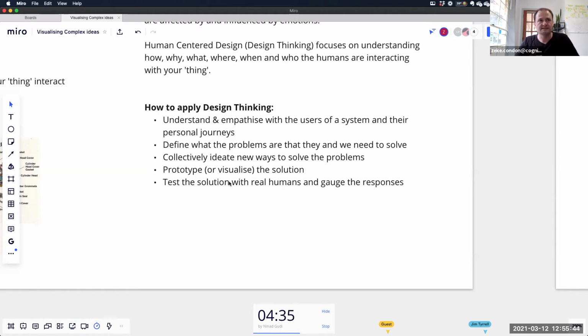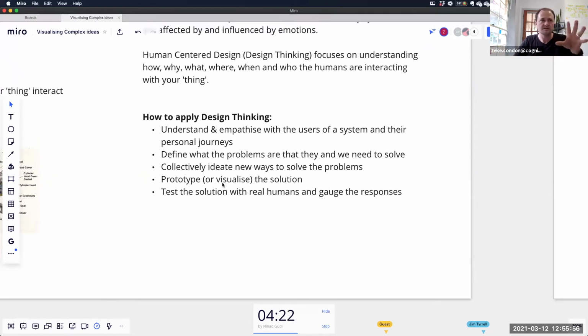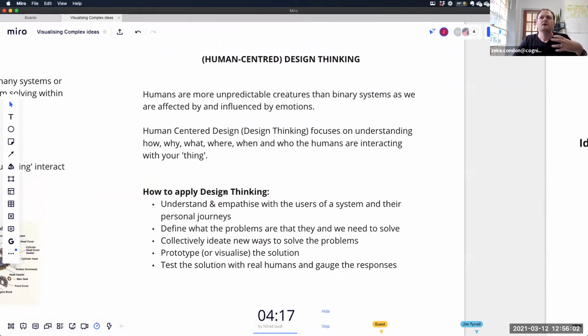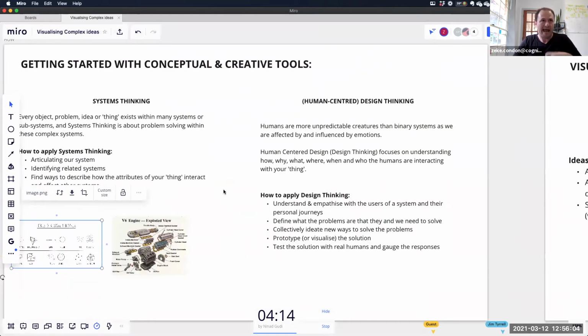So collaboration: after you put a problem down, defining the problem, then going through and ideating. Then you go into prototyping, and this is where you get straight into visualization. So design thinking is inherently visual.